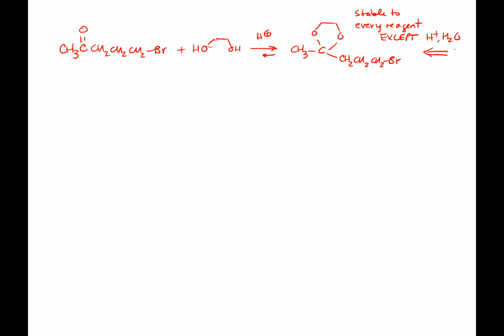The equilibrium reverses and it goes back to the ketone. Okay. So I want to turn this alkyl halide into a Grignard. Am I using H plus and H2O? Not yet.